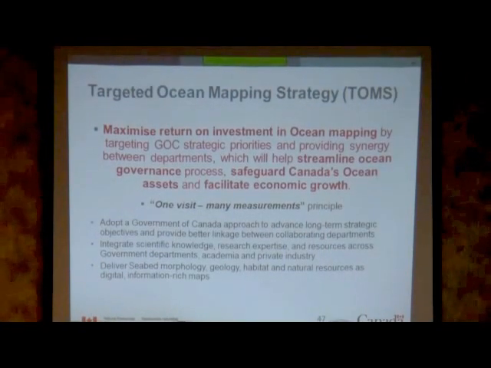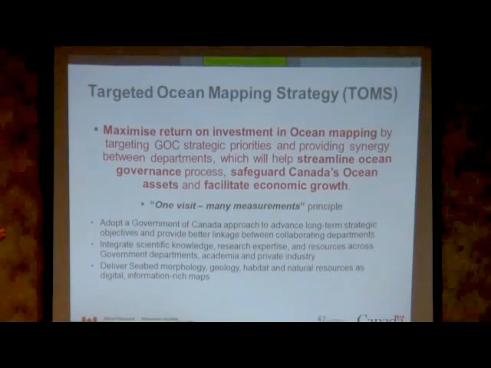For about 2 years, we were talking about a targeted ocean mapping strategy, a federal-level strategy for the benefit of Canada in general, on the principle of one visit, many measurements. Let's use the ship for doing geochemistry and mapping and trawling and benthic sampling, whatever, while it's still there.